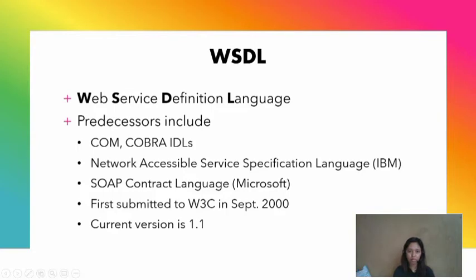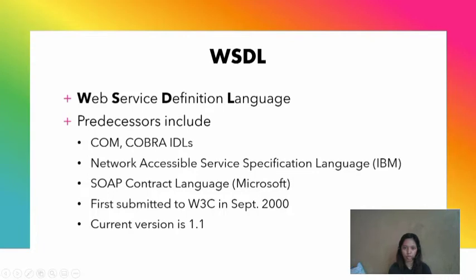The WSDL predecessors include COM, CORBA IDL, Network Application Service Specification Language from IBM, and SOAP Contract Language from Microsoft. It was first submitted to W3C in September 2000. The current version is 1.1, where the meaning of the acronym has changed, where the D stood for definition and now stands for description.